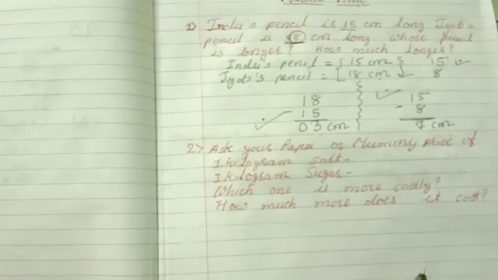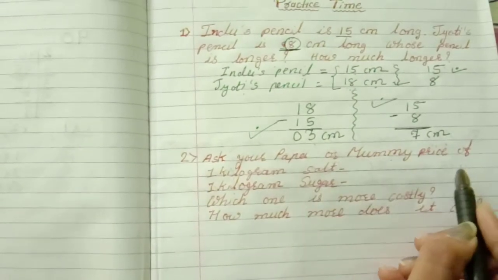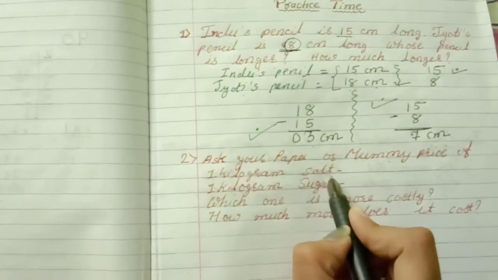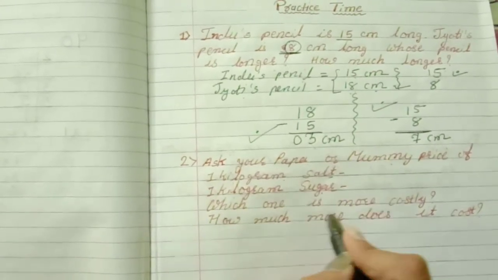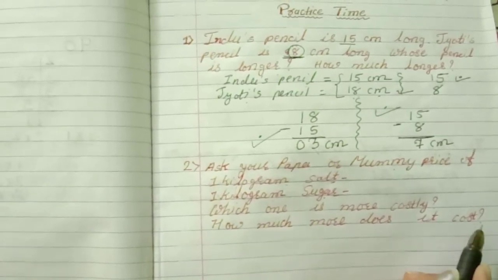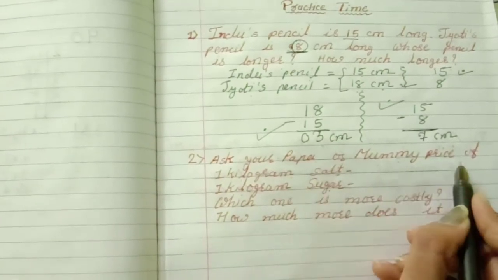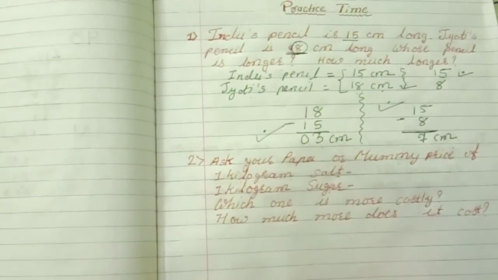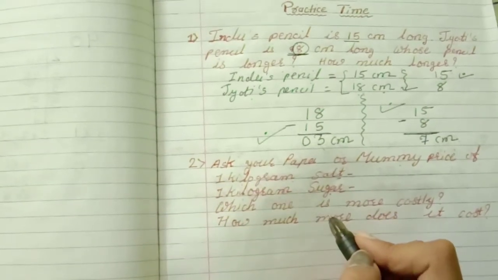Next, ask your papa or mummy price of 1 kilogram salt, 1 kilogram sugar, and which one is more costly? How much more does it cost? What is the price of 1 kilogram salt?